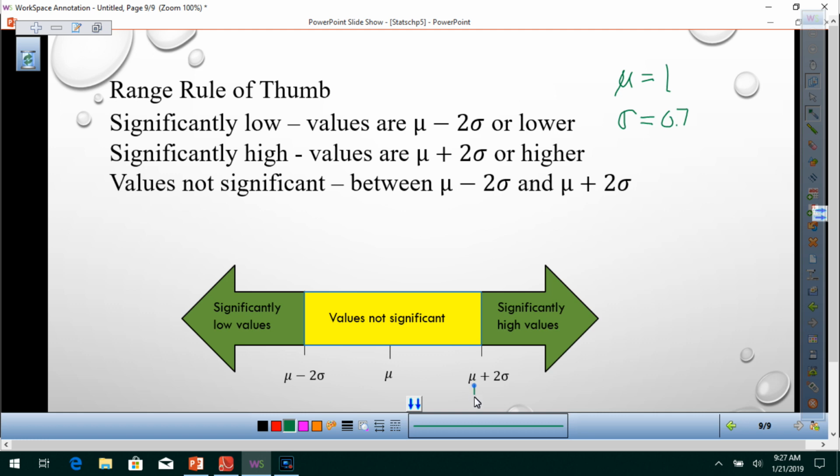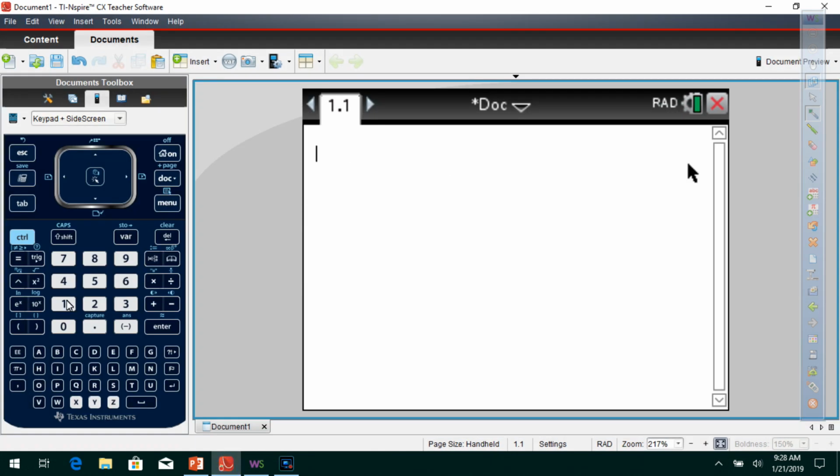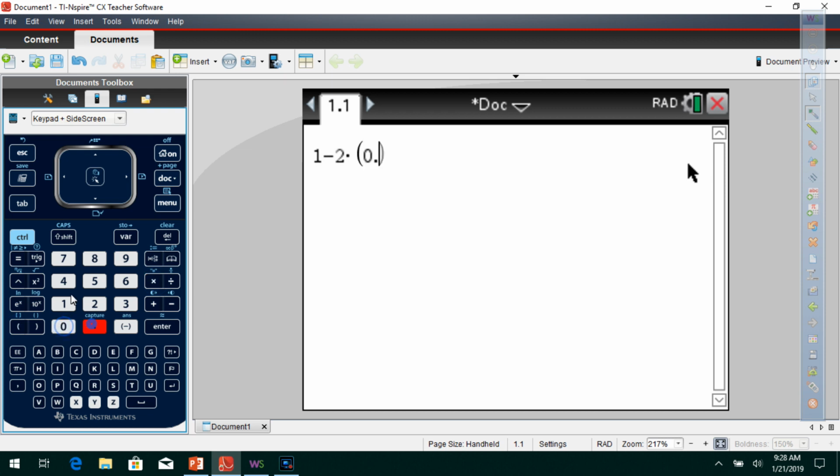Mu plus, so that would be 1 plus 2 times 0.7. And that's going to equal 2.4. So 2.4, all right? And then over here, that's going to be 1 minus 2 times 0.7.